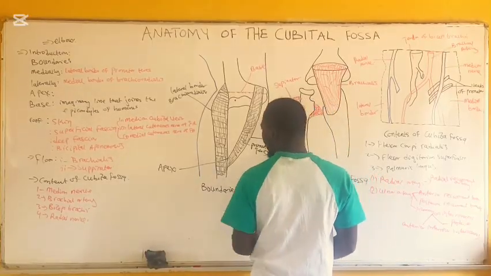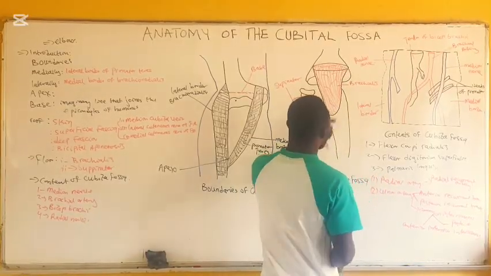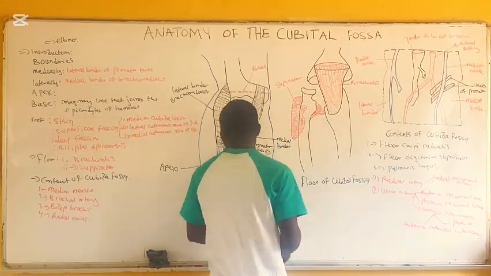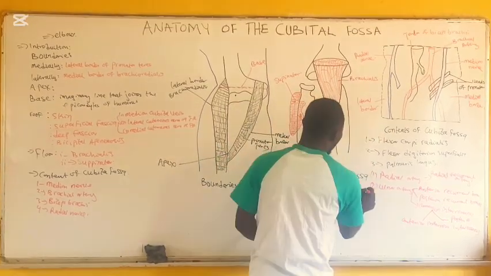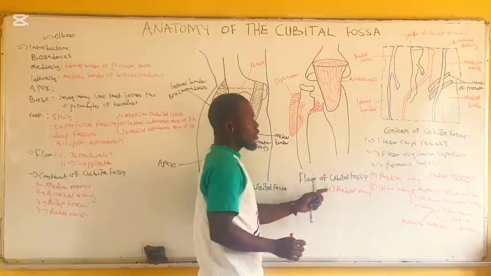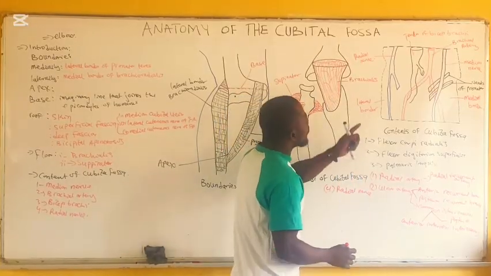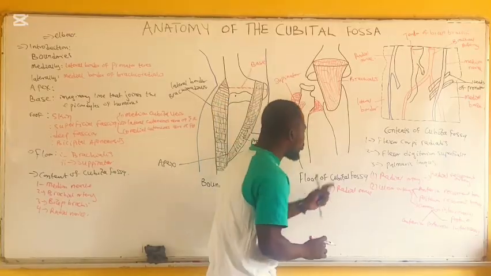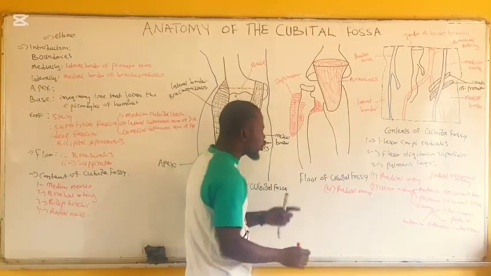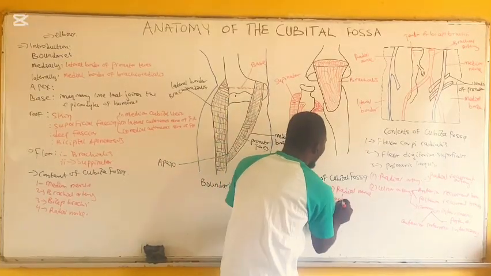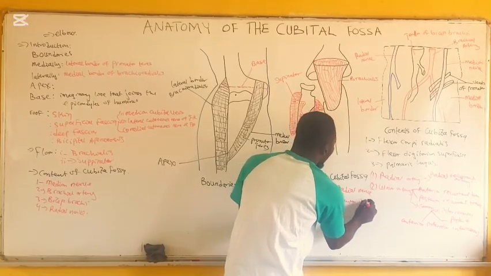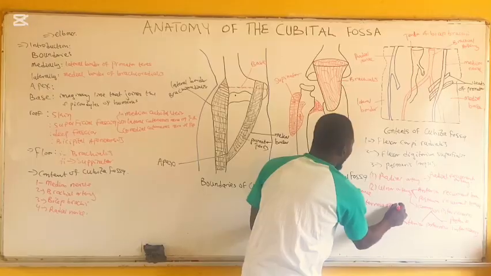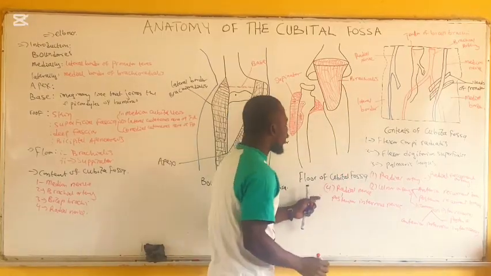The next is the biceps brachii, that is the tendon of the biceps brachii, located at the cubital fossa. And lastly, there is the radial nerve. The radial nerve descends lateral to the humerus before it enters the cubital fossa, and in the cubital fossa it gives the branch called the posterior interosseous nerve, also called the deep branch of the radial nerve.